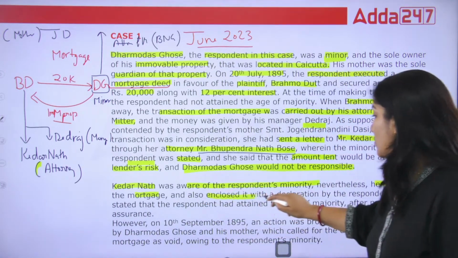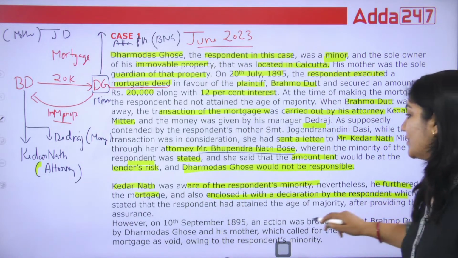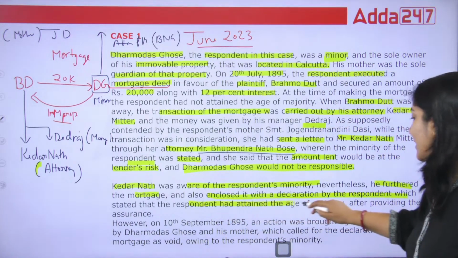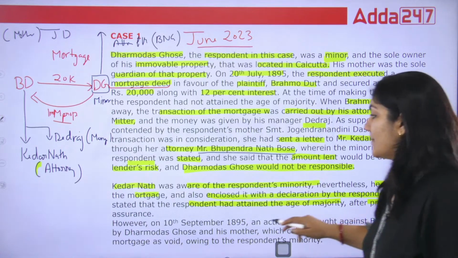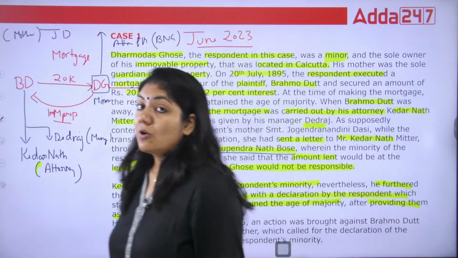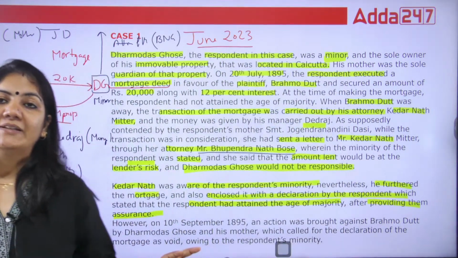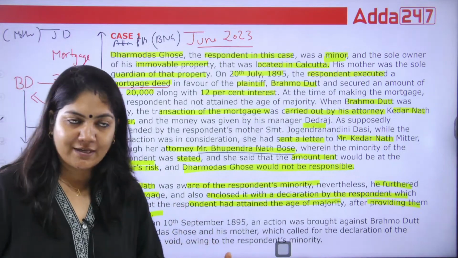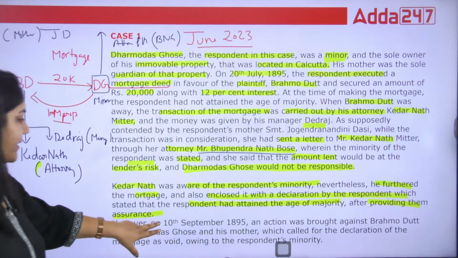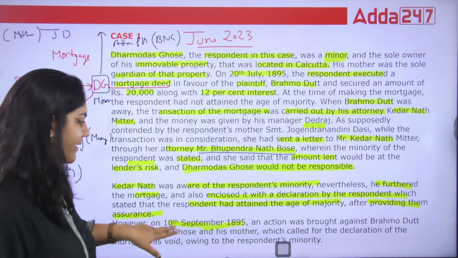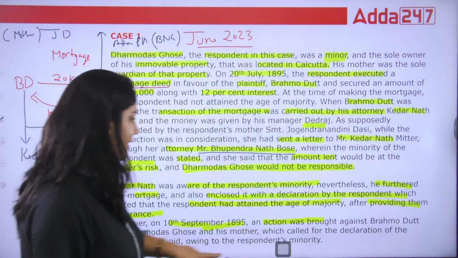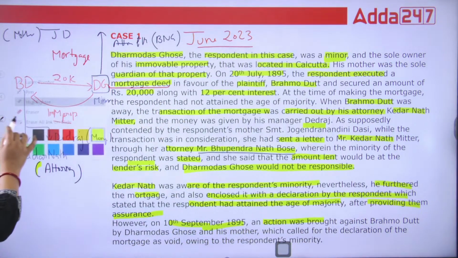It was also enclosed with a declaration by the respondent, which stated that he had attained the age of majority, after providing them the assurance. It means the minor at that time told a false thing. However, in 10 September 1985, an action was brought against Brahmodat by Dharmodas Ghosh.